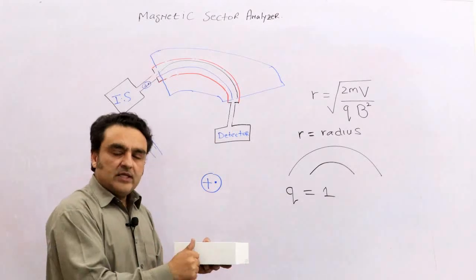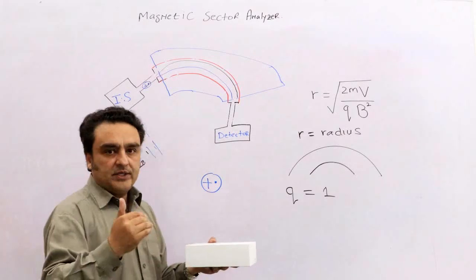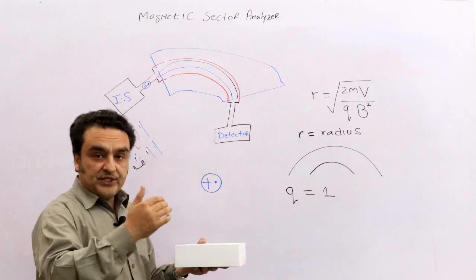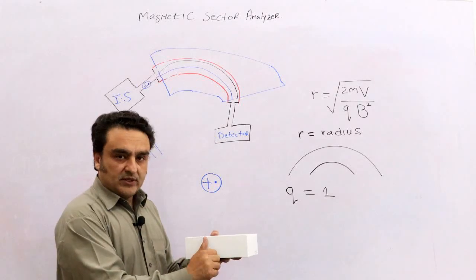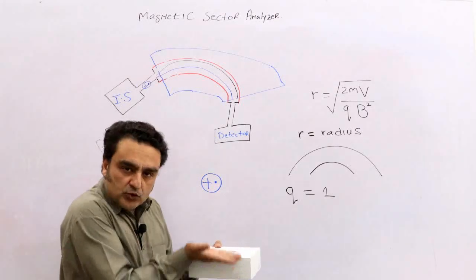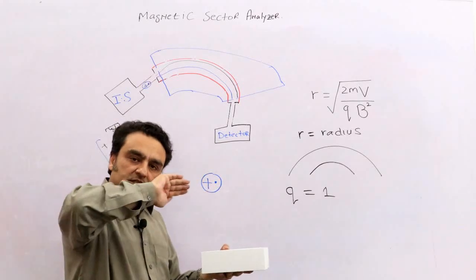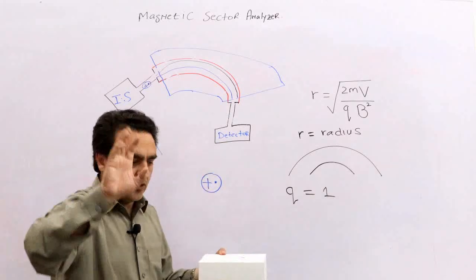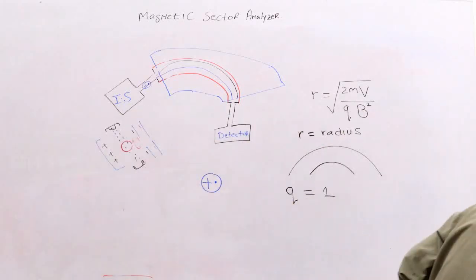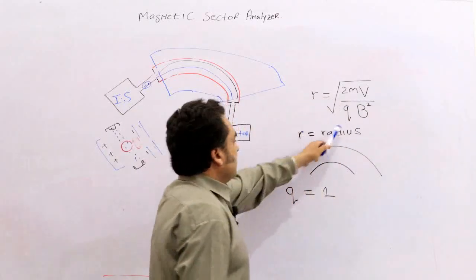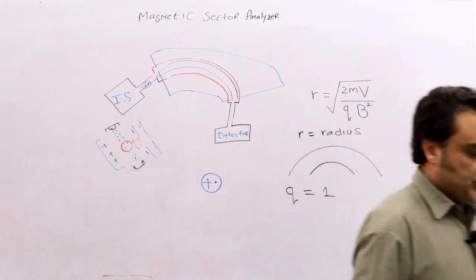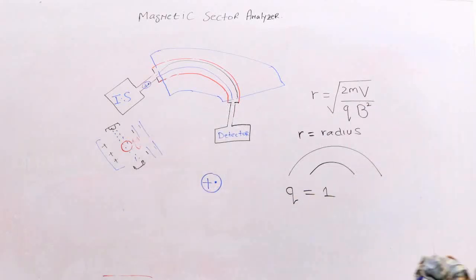If B is 1 or 2 or 3, the force will be increased. The magnet will push the charge harder, and it will make the circle smaller. Okay, I suppose that it's a little bit clear to you.